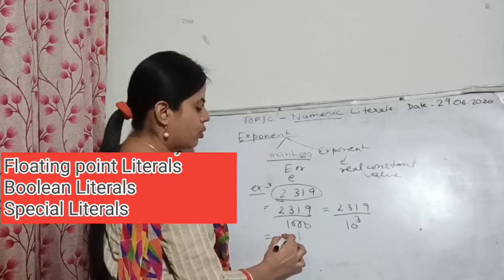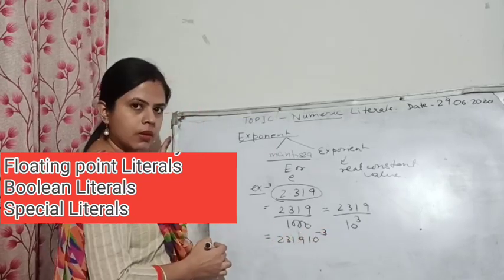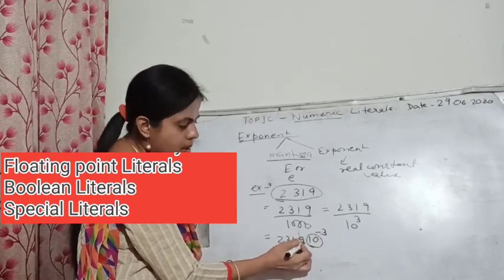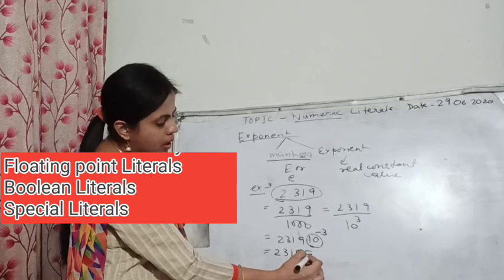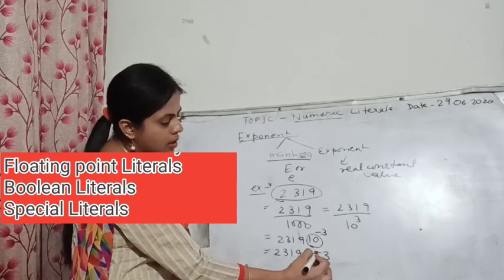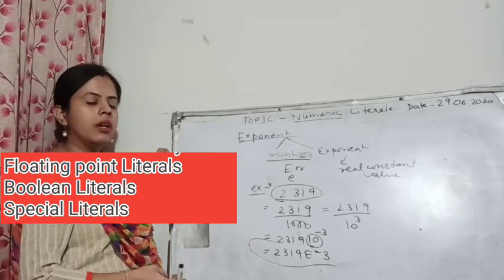Now 2319 will be multiplied by 10 to the power minus 3, and this 10 is represented as e, so 2319 e minus 3. So this is how the exponent is written.